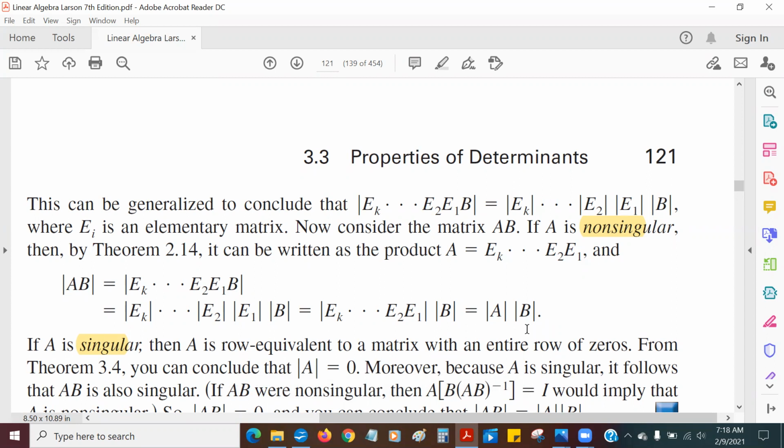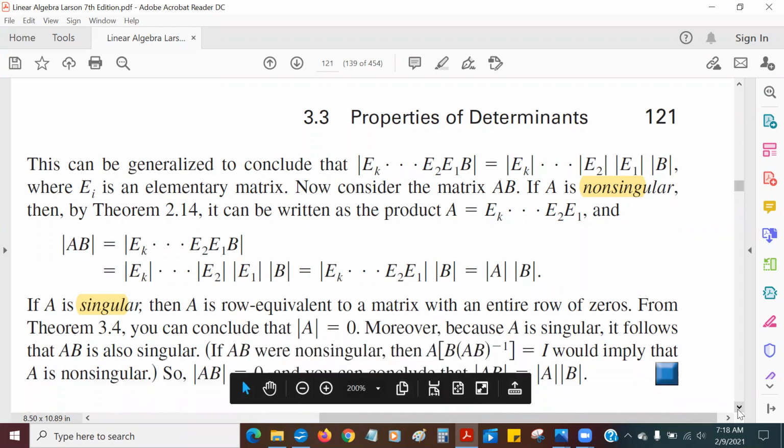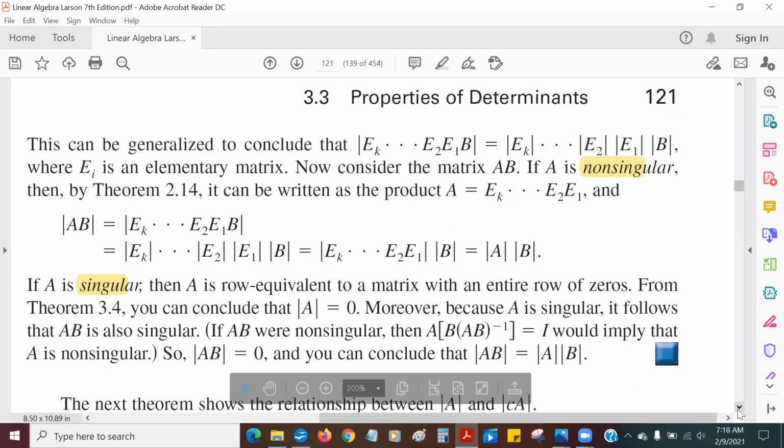Now, that's case one. Case two, suppose A is a singular matrix. It actually is not invertible. Well, we learned that if it's a singular matrix, then it is row equivalent to a matrix with an entire row of zeros.